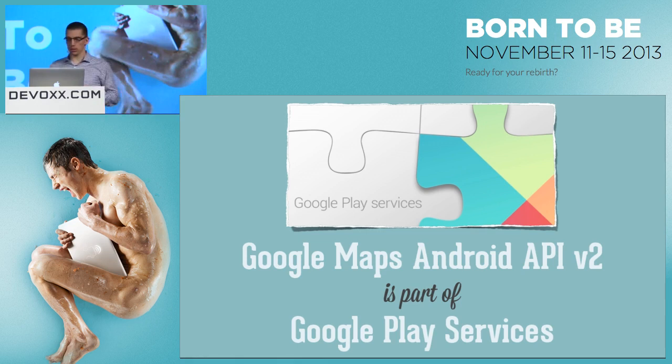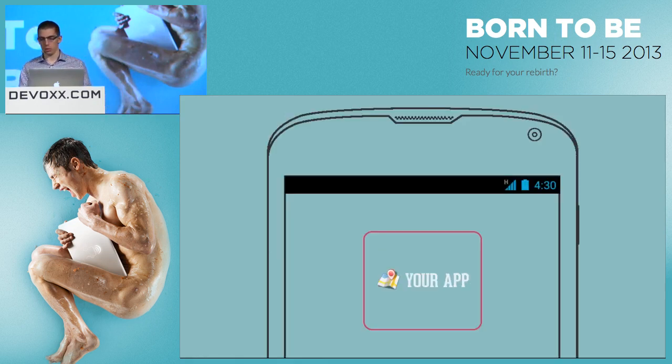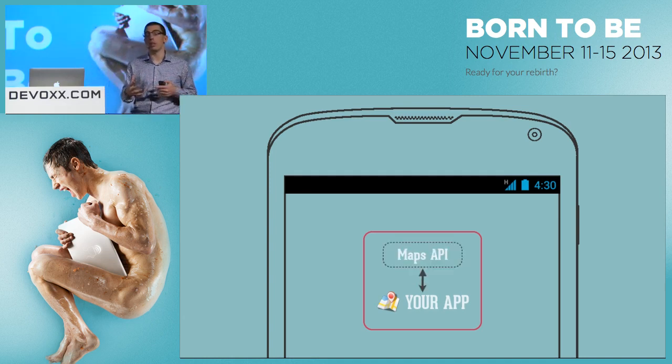So let's take an example to show you how it works. Here I have my application. It's using Maps, so I'm basically using a library that is provided as part of Google Play Services. And when I want to add a marker or to interact with the map, I call some methods on what I call here the Maps API jar, but actually it's a bigger jar, a jar of all of the Google Play Services methods.